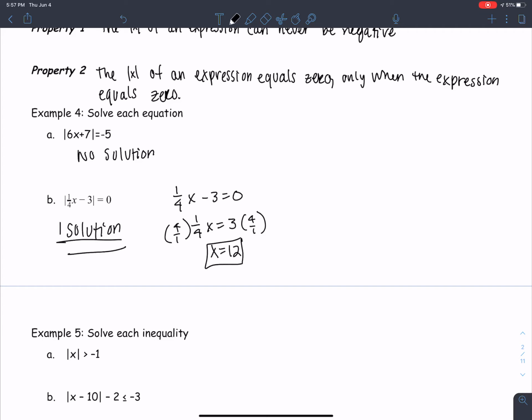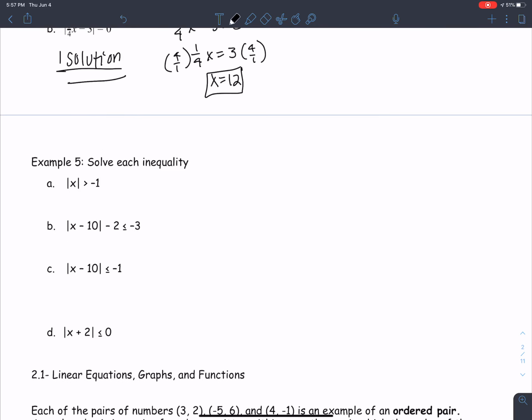Okay, all right, now let's solve the inequalities. This is when things get a little funky. So this first one says I have an absolute value, and it's greater than a negative number. Well, let's think about this. Anything I put in here is going to be greater than negative 1, which means this answer is all real numbers, or negative infinity to infinity.